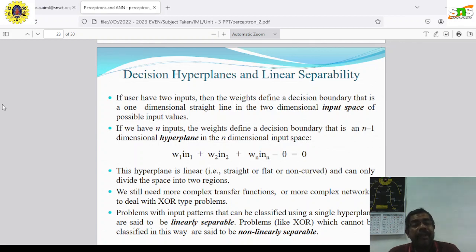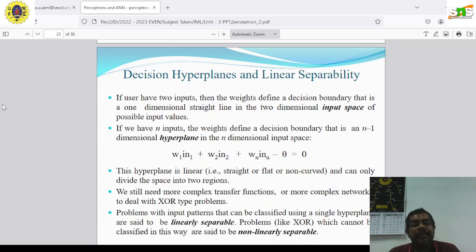If we have n inputs, the weights define a decision boundary that is an n minus 1 dimensional hyperplane in the n-dimensional input space: W1 x1 plus W2 x2 plus up to Wn xn minus theta equals 0. We already saw this in the previous cases.